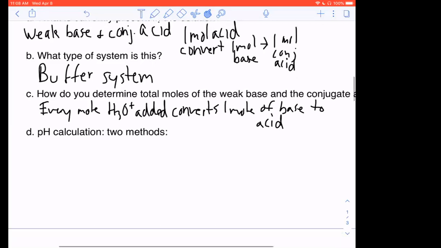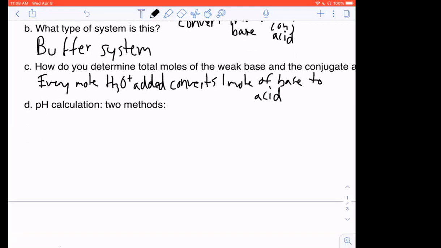The last step then for pH calculations, this is where there are 2 methods of doing it. I personally do like the Henderson-Hasselbalch equation, because once you've converted these things to moles, which we've done here, you don't actually have to find the new volume at this point. You'll have to find a new volume at the equivalence point later on.